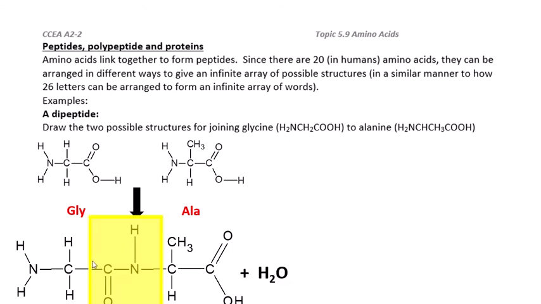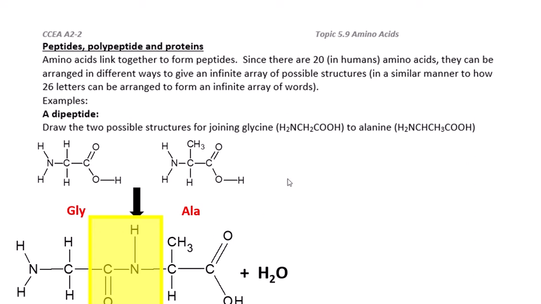This region is the peptide bond, and that's the key part to adding amino acids together to make proteins and so on. Because glycine has an H group here, the difference with alanine is that it has a CH3. If you look from left to right, H is on the left-hand side, CH3 on the right.